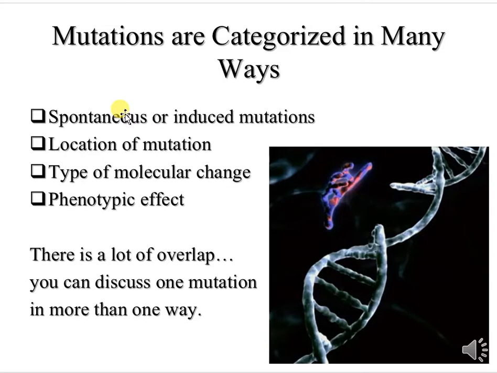With that said, there's no right or wrong way, per se, to categorize a mutation. Again, you can categorize it by the type of molecular change. You can categorize it by the combination of type of molecular change, whether it's spontaneous or induced. You might have something that's an induced silent mutation, for example. Again, most of them are overlapping.